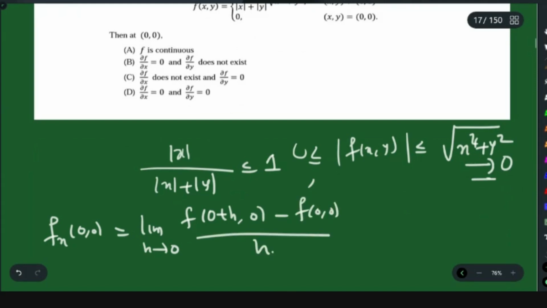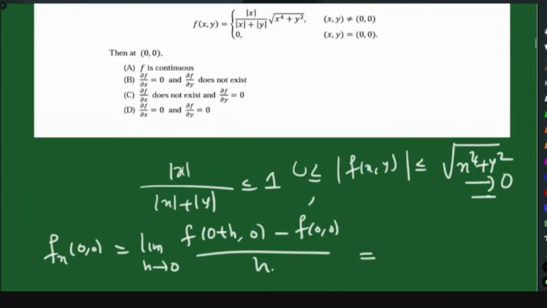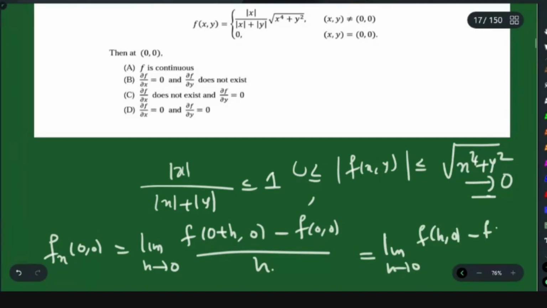Okay, so with 0 plus h you are making an increment only on the x component. What is f(0, 0)? That is 0. And 0 plus h gives f(h, 0). So this is limit h tending to 0 of f(h, 0) minus f(0, 0), divided by h, right?